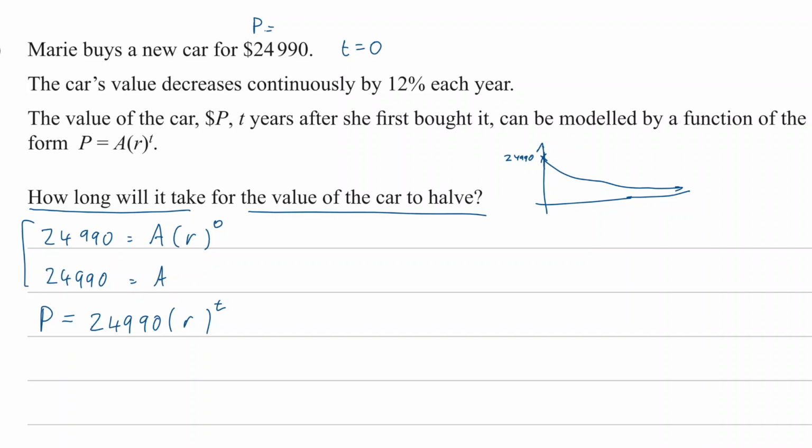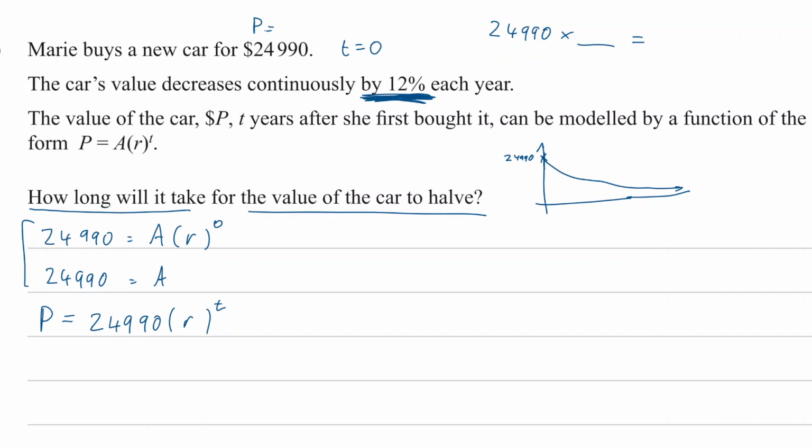Now to get R, I call it the rate of depreciation, or the rate of change, and it decreases by 12% each year. So after 1 year, what will we multiply 24,990 by in order to decrease it by 12%?